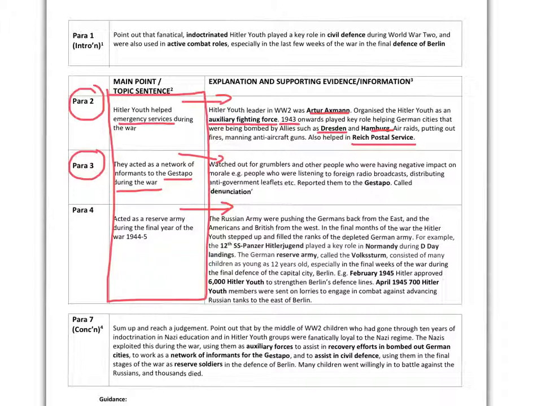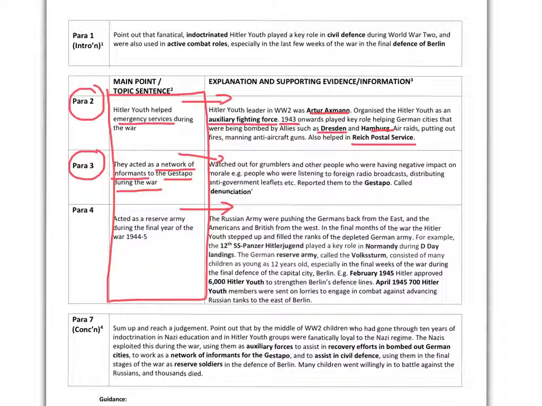The message through Joseph Goebbels' propaganda machine was that all Germans should pull together, and that as long as they did that, even though the war was turning against Germany, Germany would still win that war. So the Hitler Youth were important because they acted as a network for the Gestapo, a network of informants.